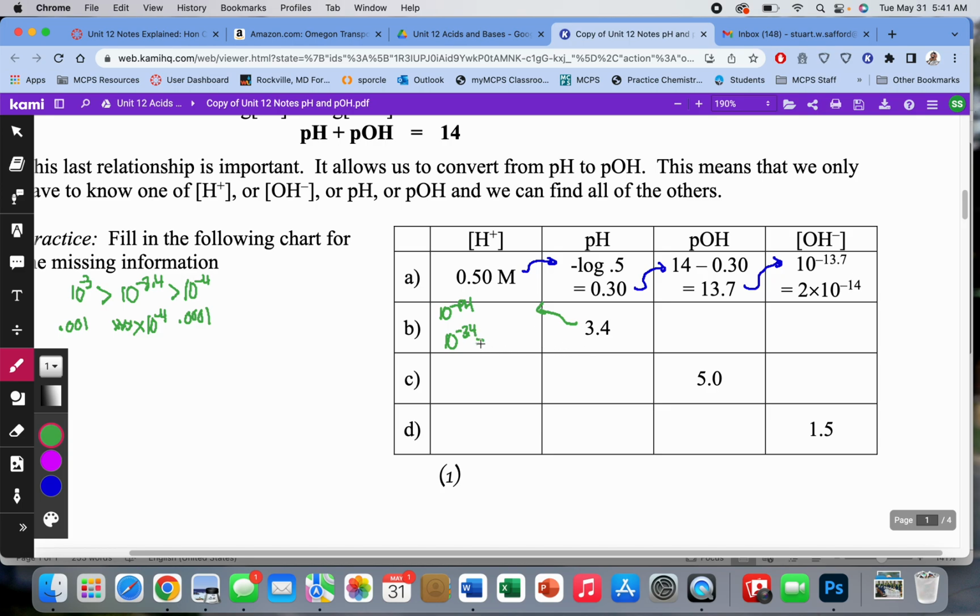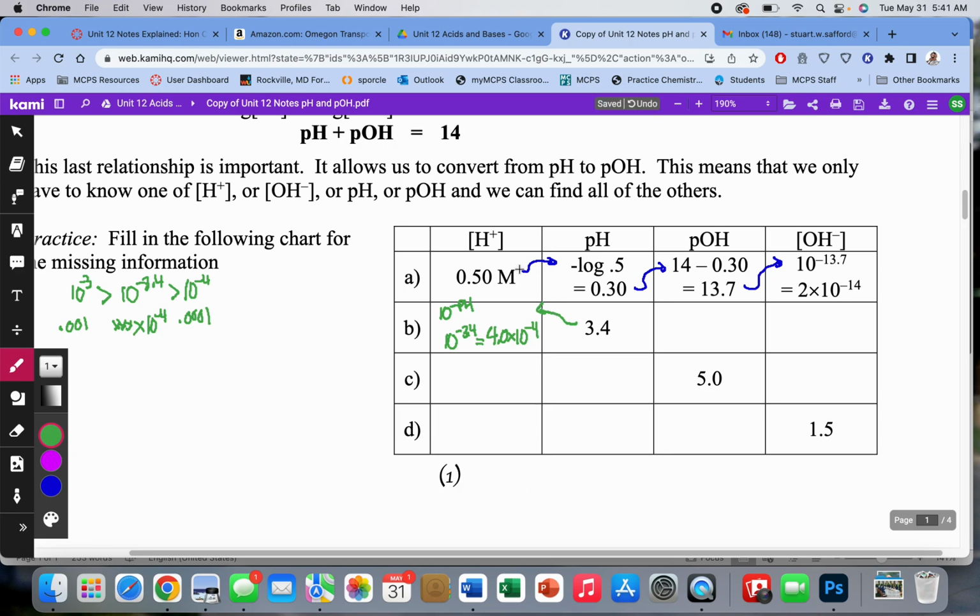I'm actually going to round it. 3.98 times 10 to the negative fourth is the same thing as 4.0 times 10 to the negative fourth. And so that's the H plus concentration.